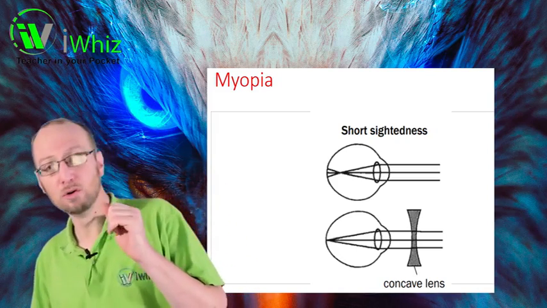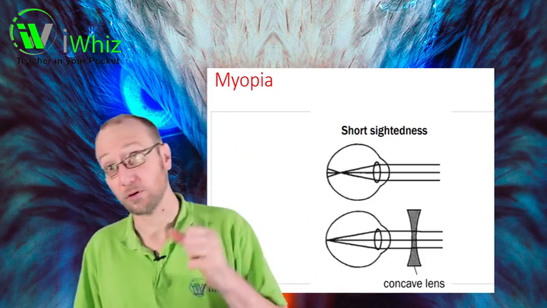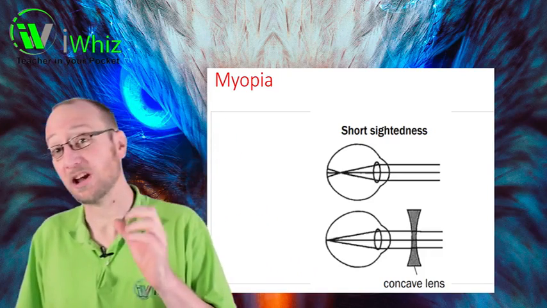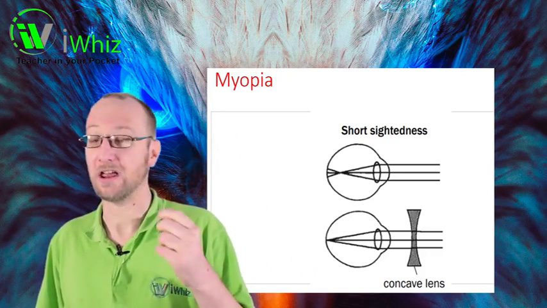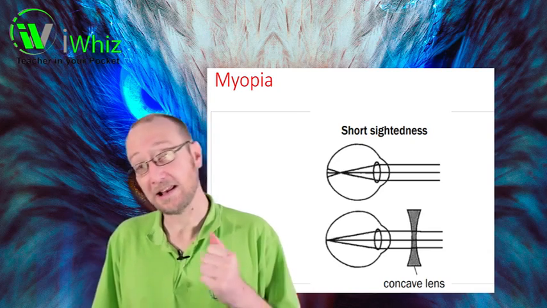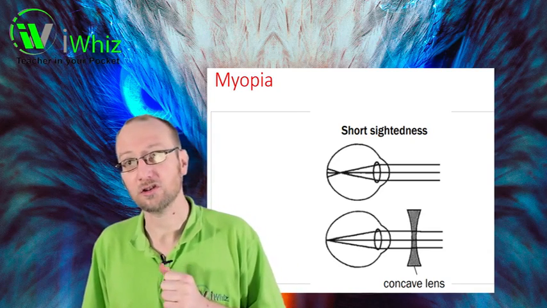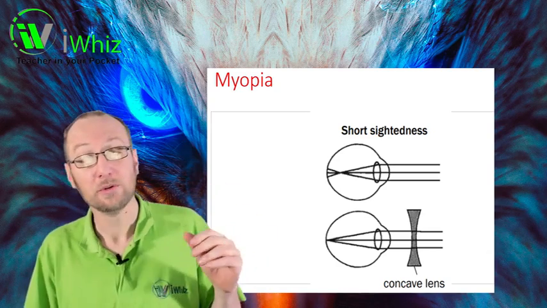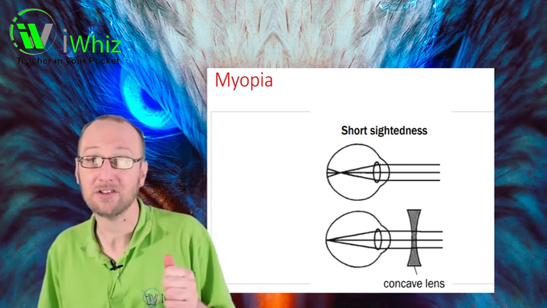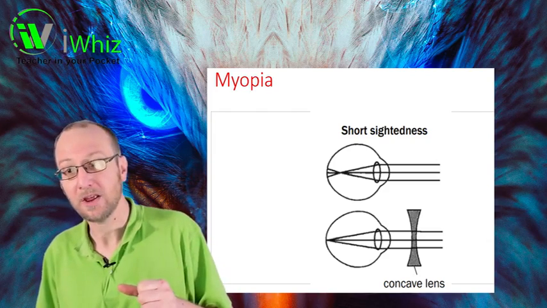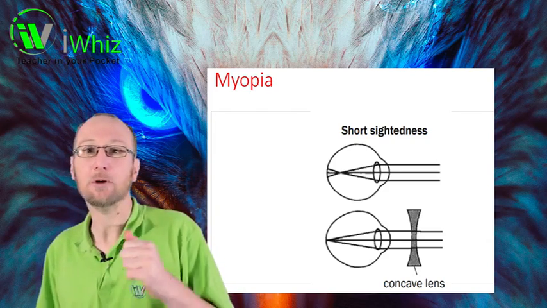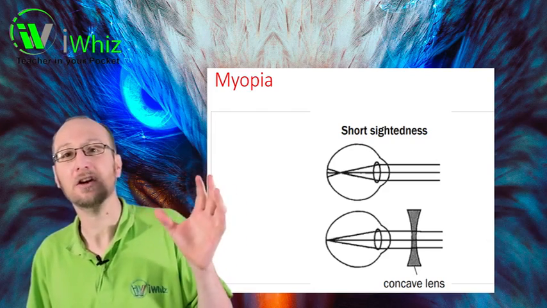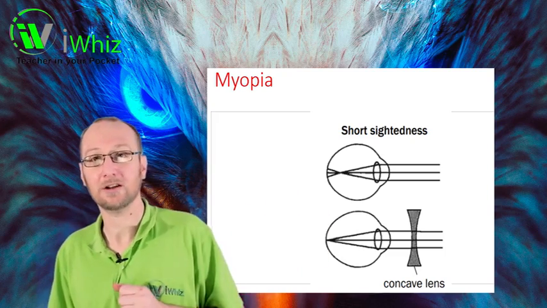Now, it's usually because the shape of the cornea is wrong, or because the actual shape of the eye has become deformed. Luckily, it's an easy condition to treat. We just need glasses. In the case of myopia, we need to use concave lenses to sort this out. The concave lenses help bend the light a bit before it enters the eye and allow us to then make a clear image on our retina.